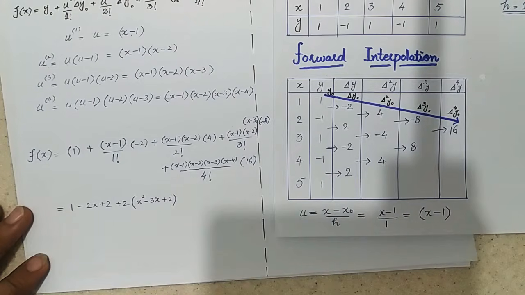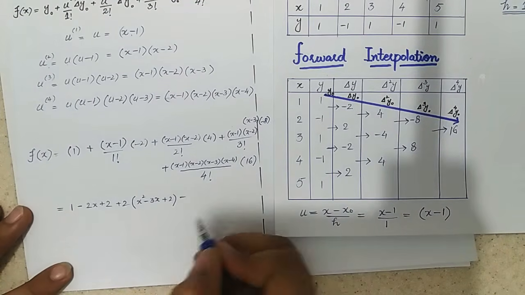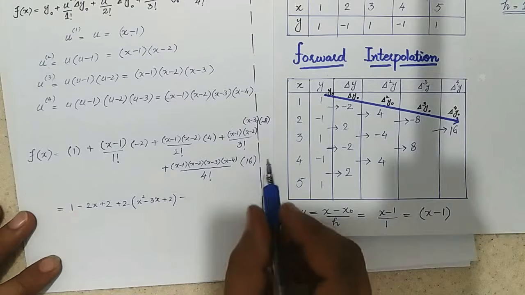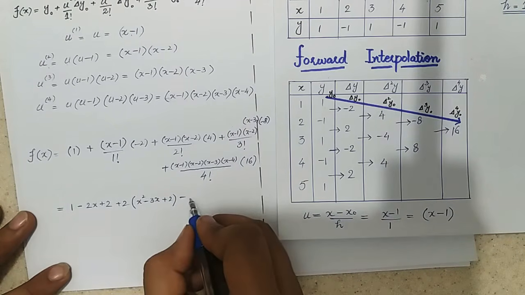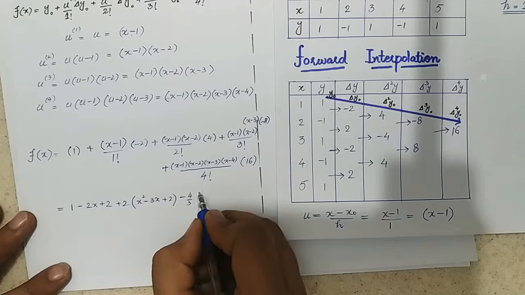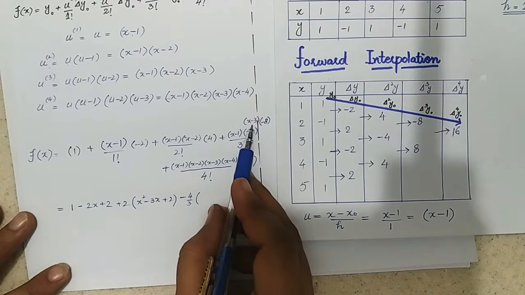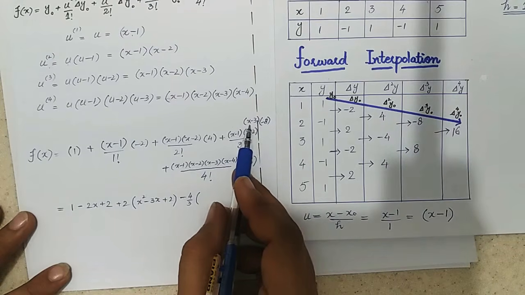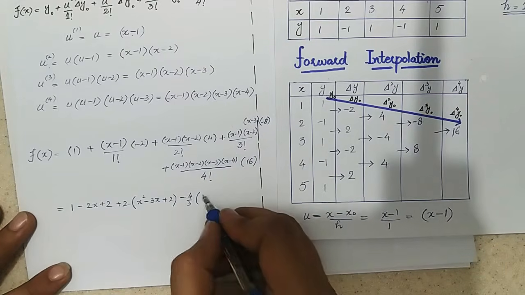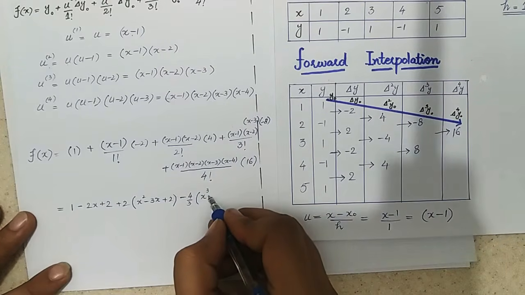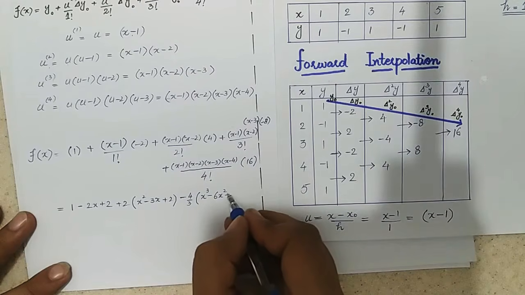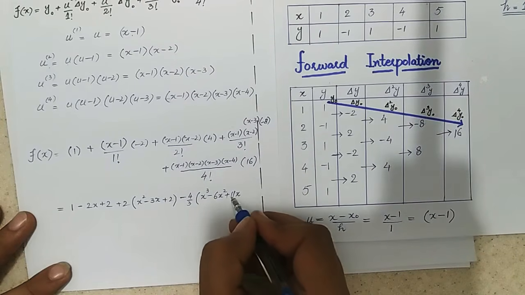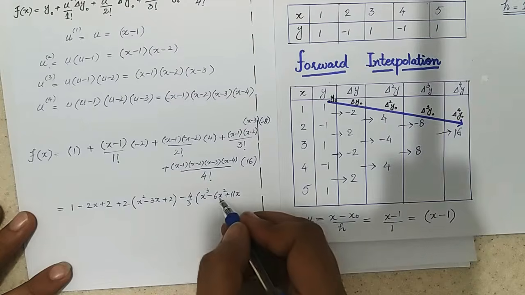So 3 factorial is 6 and by cancellation it will give us 4 by 3. X minus 1, x minus 2, x minus 3. By multiplication will give us x cube minus 6x square plus 11x minus 6.